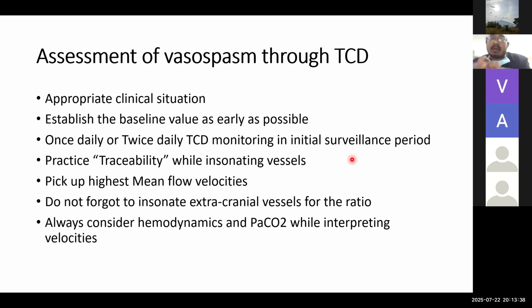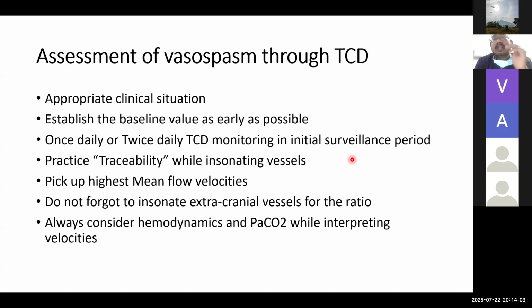So now we know how hemodynamics are altered during vasospasm. Now we will see how we use transcranial Doppler for the assessment of vasospasm. The first thing you need to understand is that you need an appropriate clinical situation, where you keep in mind the causes of vasospasm.